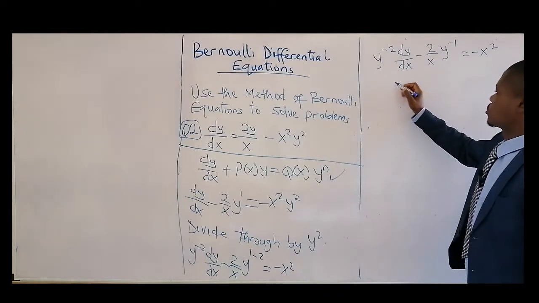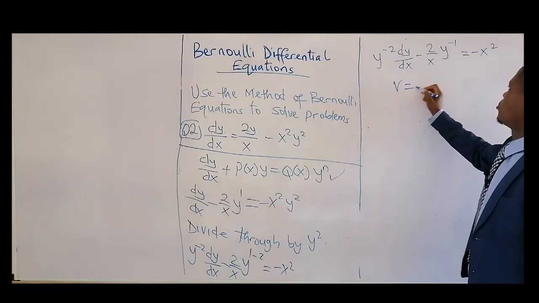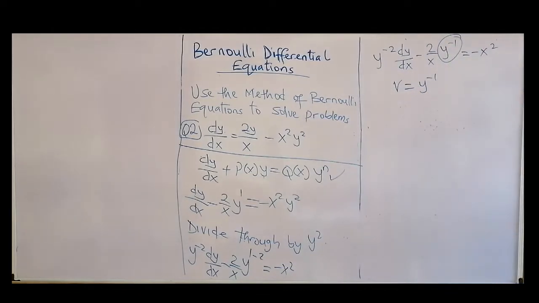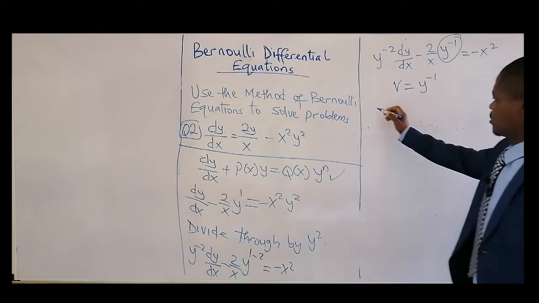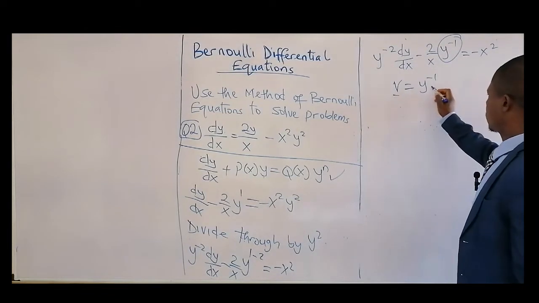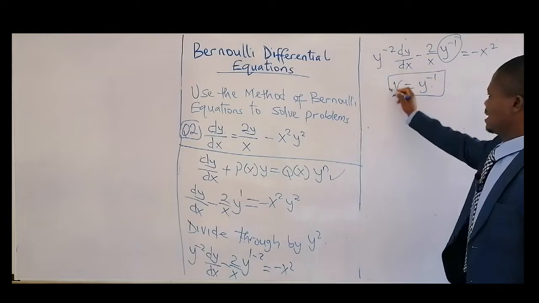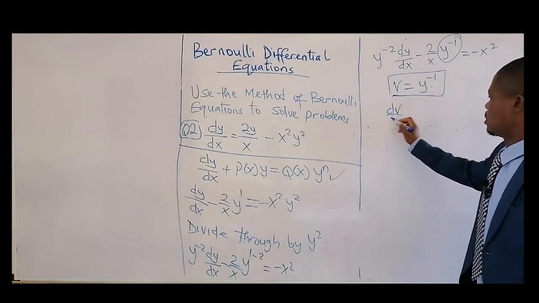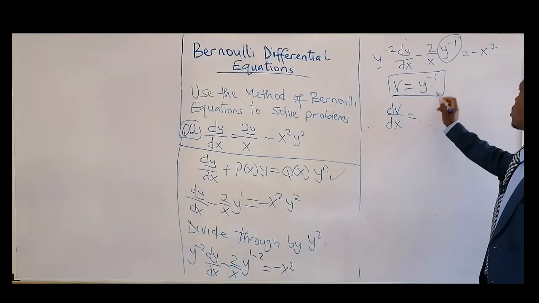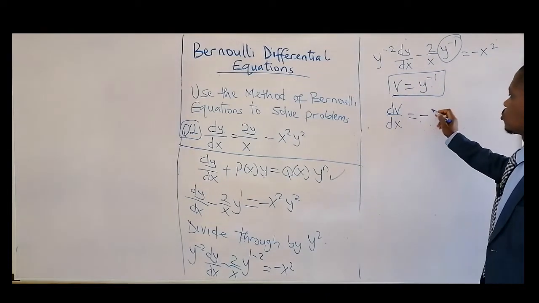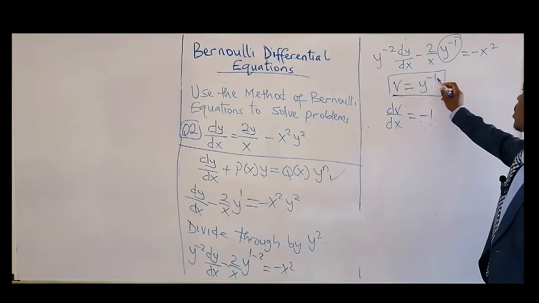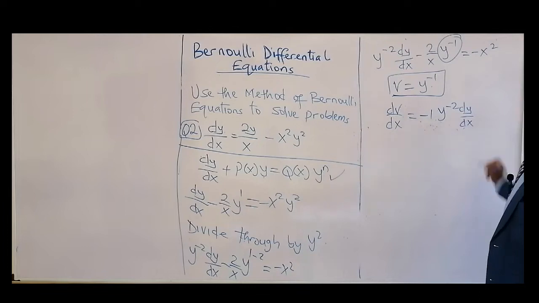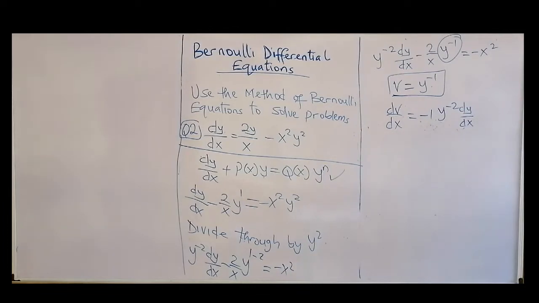Then make a substitution. Let v be equal to this, call that one v, and then differentiate implicitly. Differentiate this implicitly, and that will be equal to dv/dx equals, this one will come to the front, that will be minus 1, and then this power minus 1, that's y to the minus 2 dy/dx.